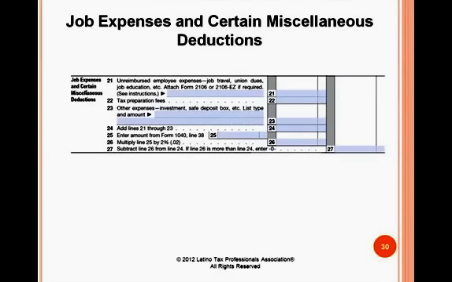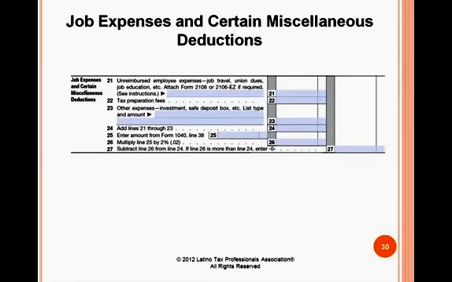They're required to be on call 24 hours a day, so they're required to have a cell phone with them at all times, and yet they do not provide a cell phone. So here are valid job-related expenses that they, of course, must keep track of all the receipts on, and are able to include under this category of job expenses and certain miscellaneous deductions.